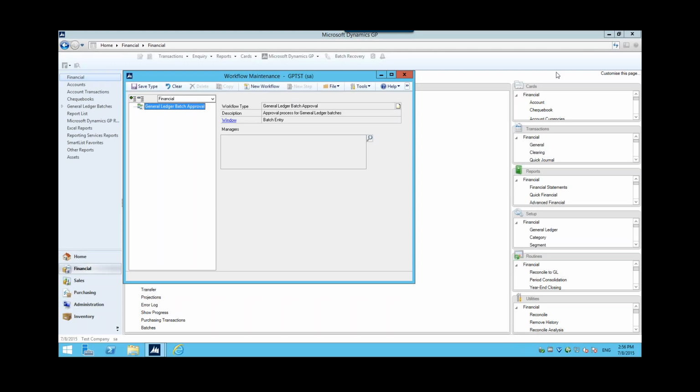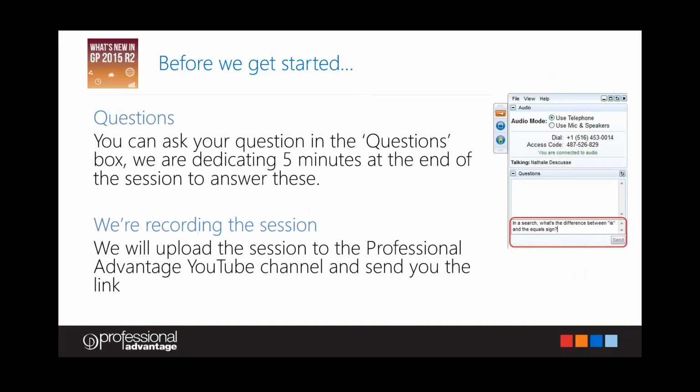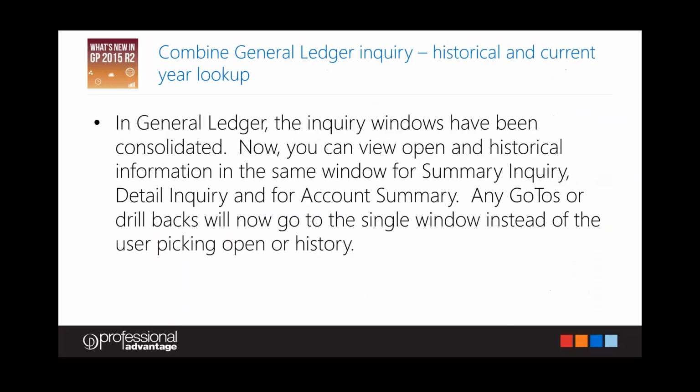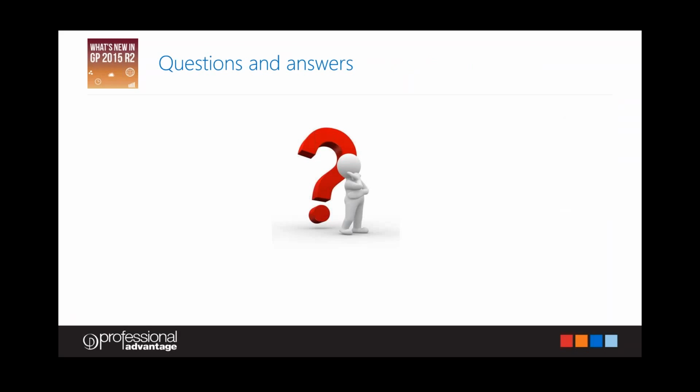And if you're not sure who your account manager is, obviously you can contact Fraser. Fraser was actually the person that reached out to you with the webinar and the session today.